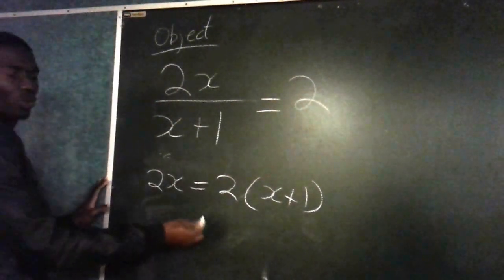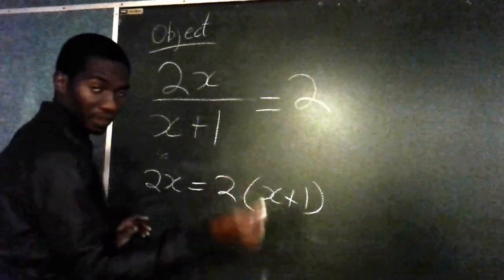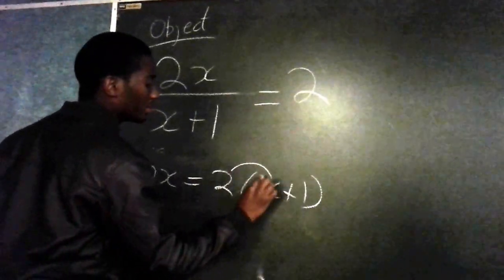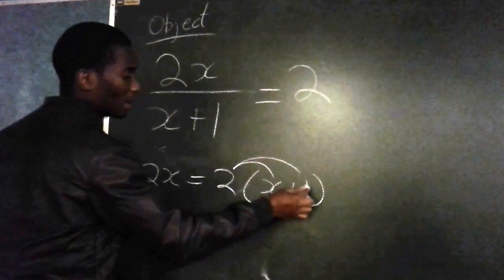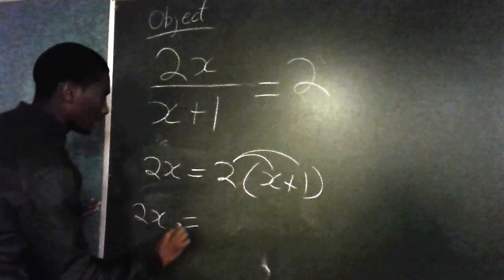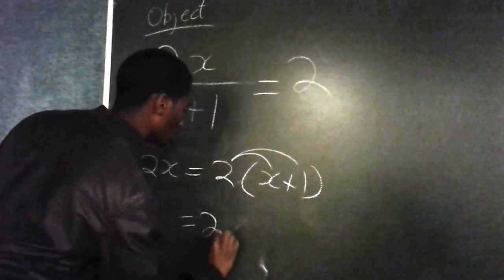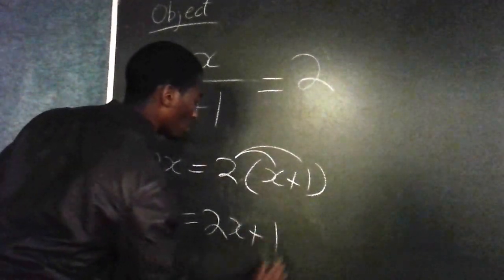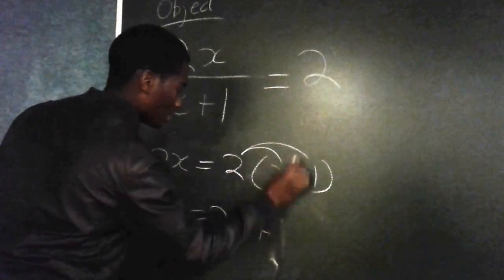And then, as you have been taught how to factorize, this 2 multiplies the x and multiplies the 1. So we're going to get 2x equals 2x plus 2.